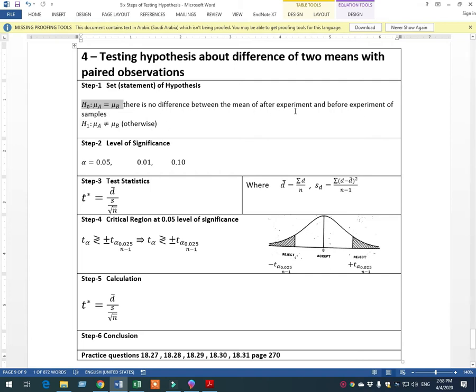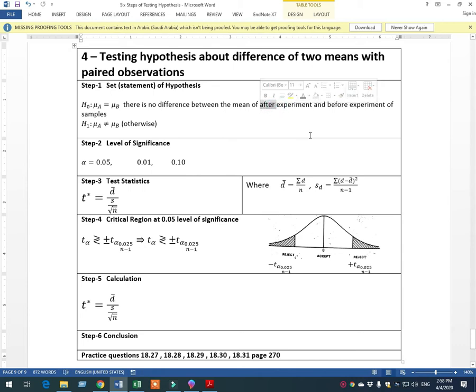In our case, it is not after and before, it is experiment of the two different tires. So we can see that there is no difference between the mean of a radial tire experiment and general belted tires experiment. So we can change it according to our question.